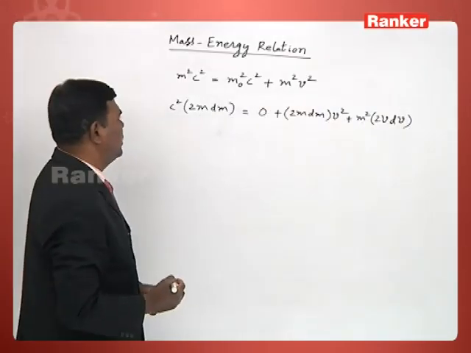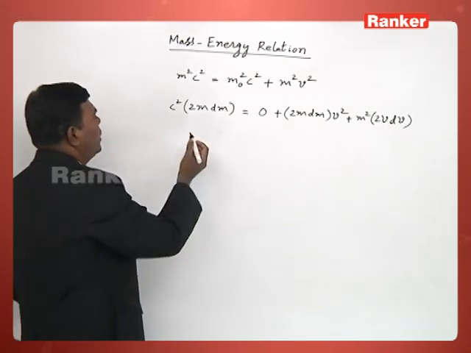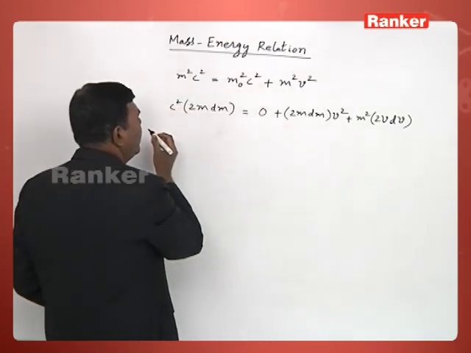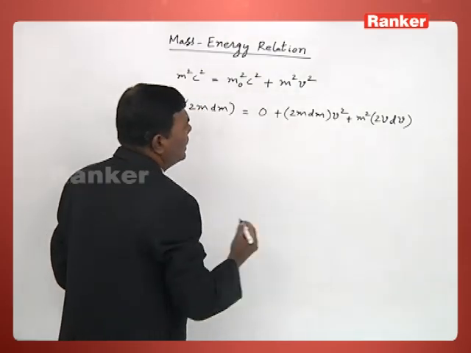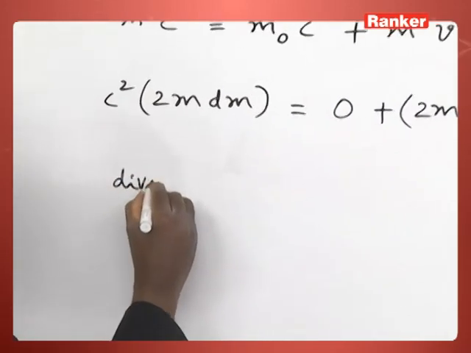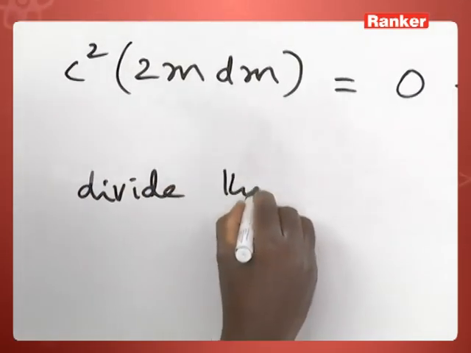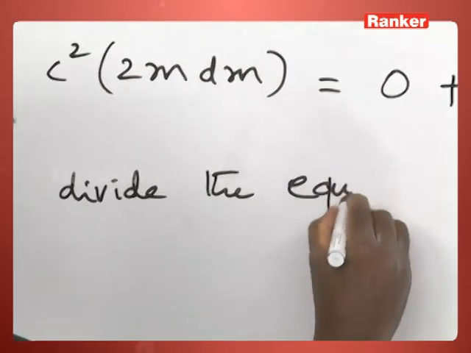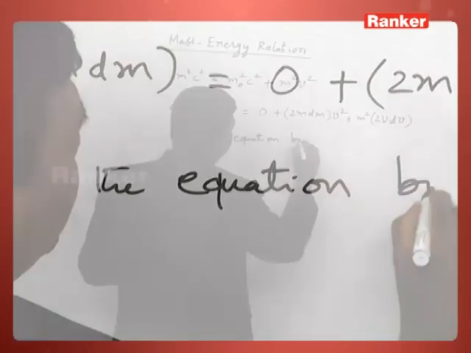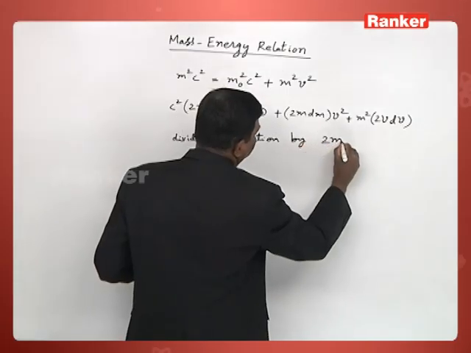So that is the expression which we got, and here 2m appears on both sides of the equation, so we can divide the whole expression by 2m. So I'll write it here also, divide the equation by 2m.